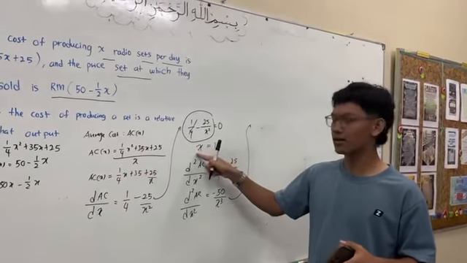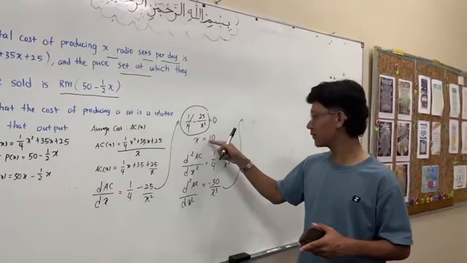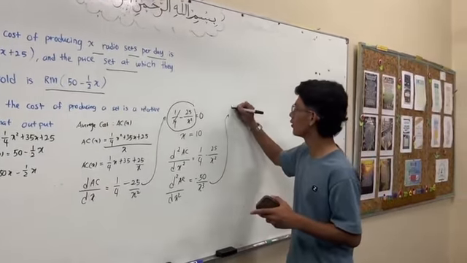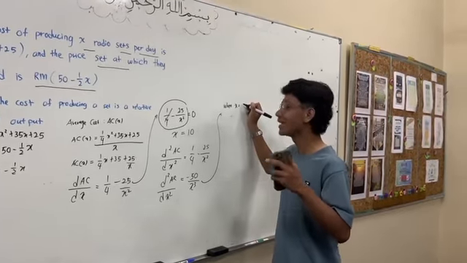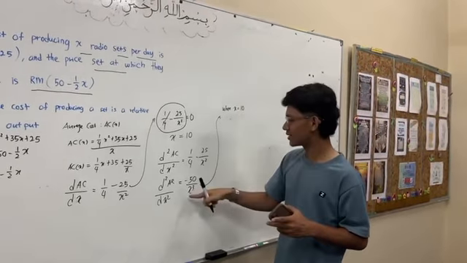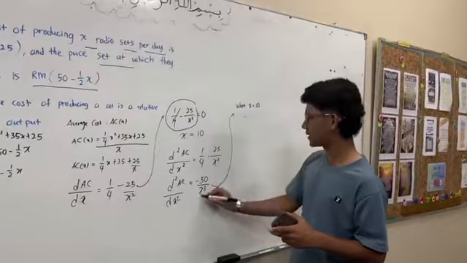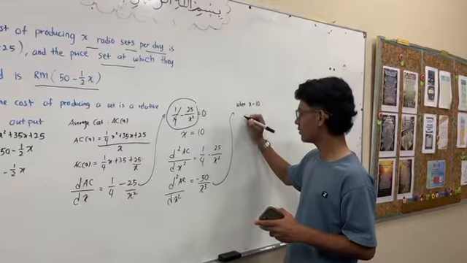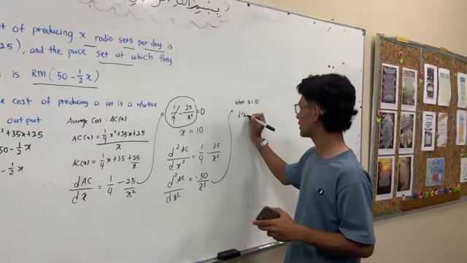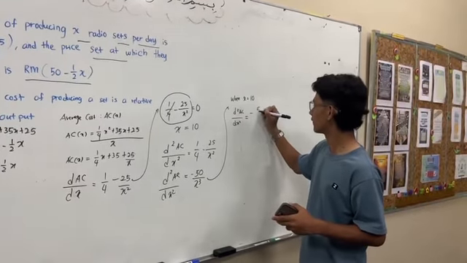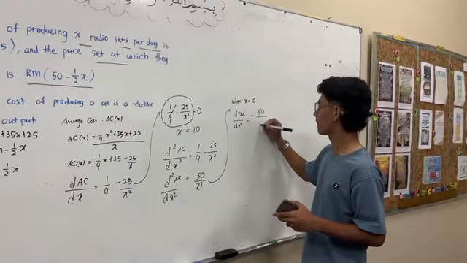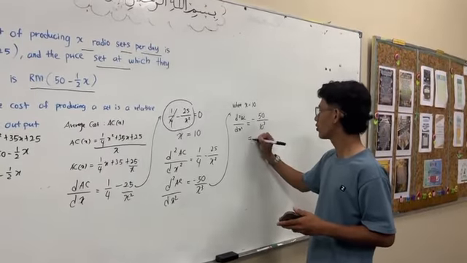We find the value of x is actually 10. So when x equal to 10, we just replace this x by 10. So d squared AC over dx squared is 50 over 10 cubed.